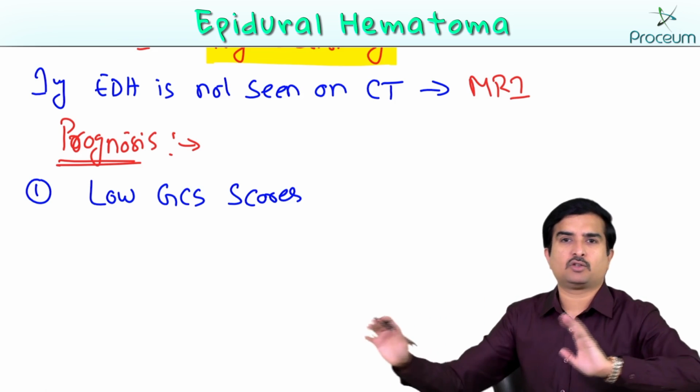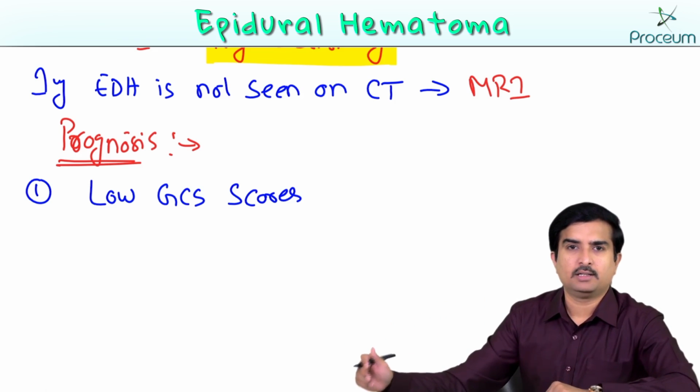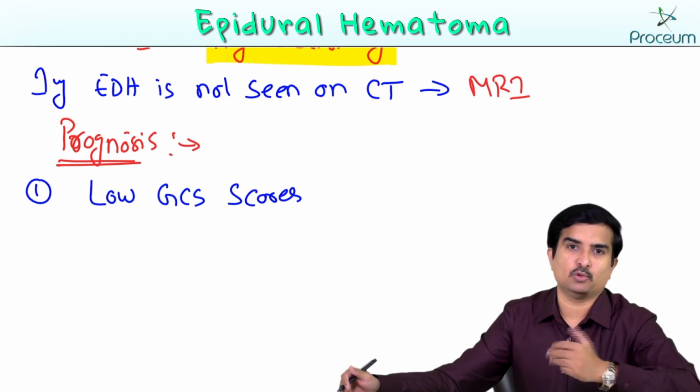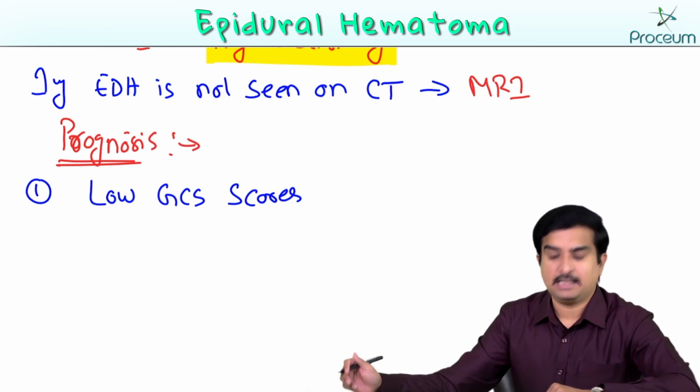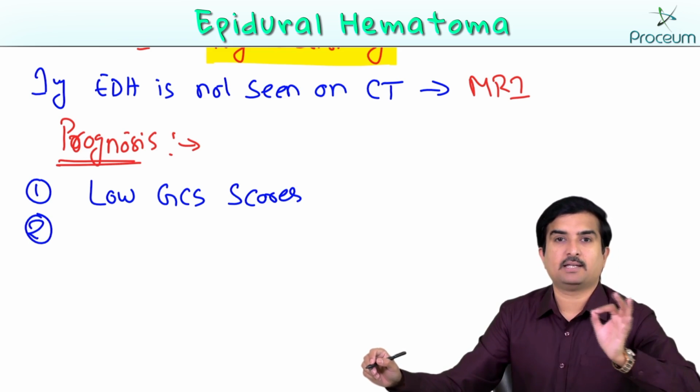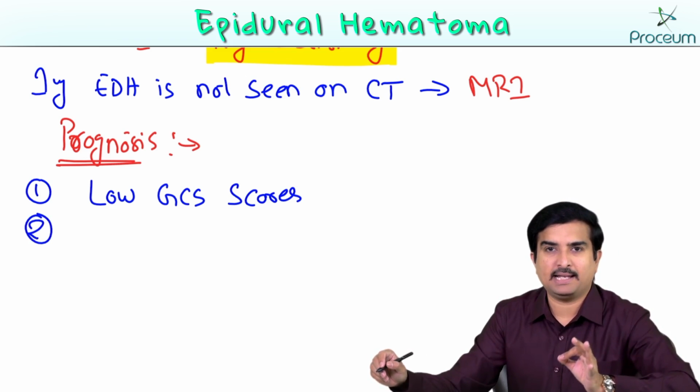Generally, the GCS is scored between 3 and 15. Higher scores indicate better performance, which means better prognosis. That is what we need to concentrate on. Next, another important prognostic marker is the presence of pupillary abnormalities.